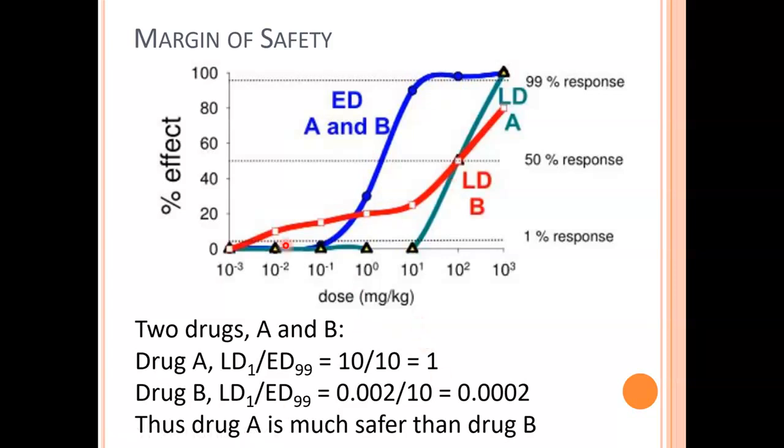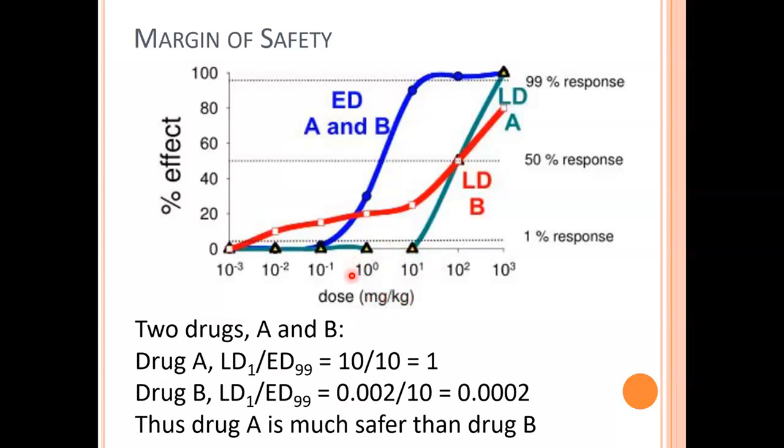As we can see from the red one, we very quickly get some lethality. We're killing people already down at 10 to the minus 3 milligrams per kilo, which is very, very low. Whereas if we look at the other drug, we're basically up to 10 grams before we start to kill anyone. Oh, actually, no, 10 milligrams. I tell a lie.